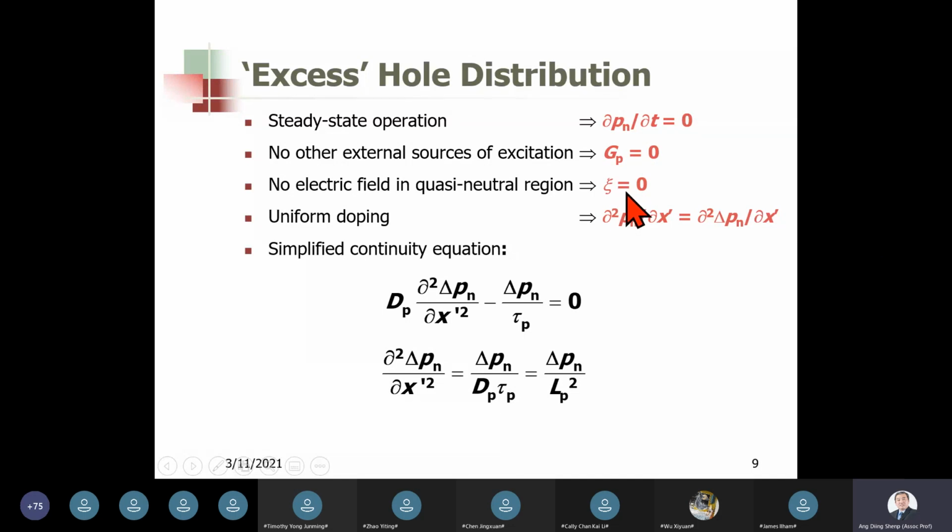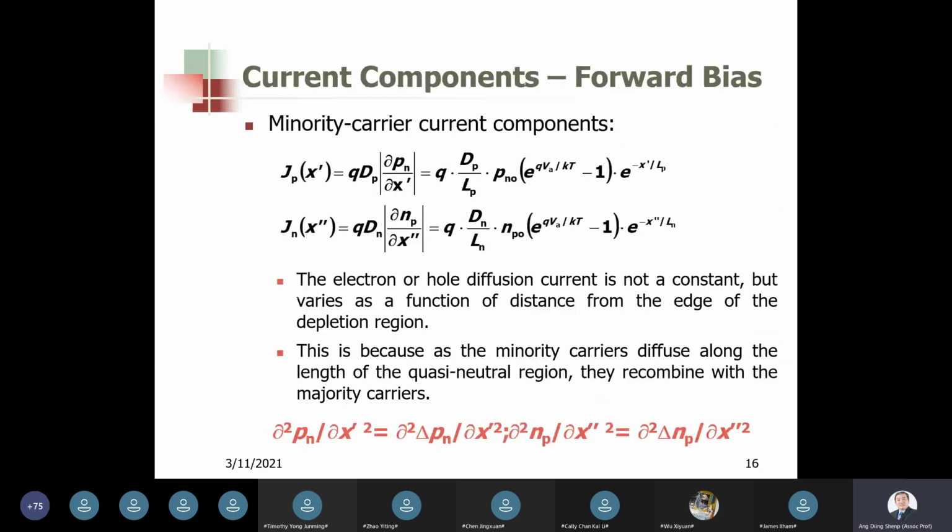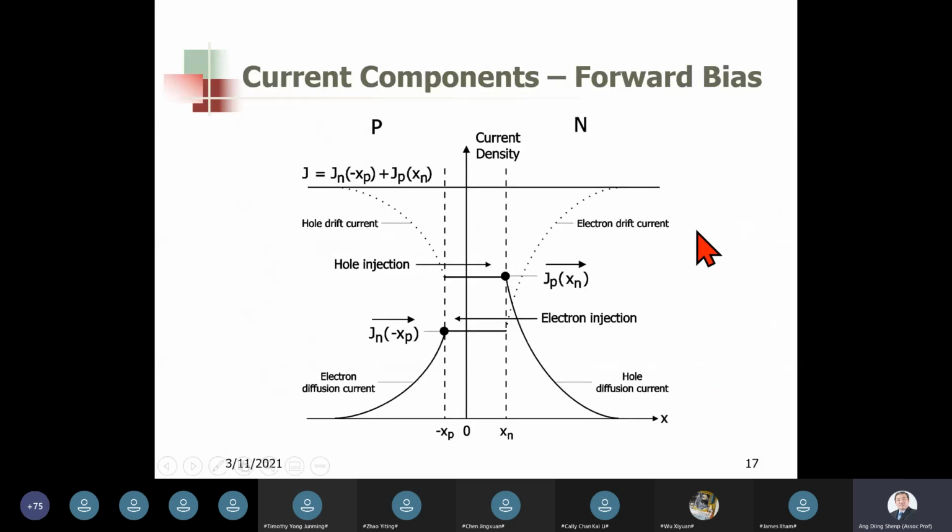We set it to 0, but that doesn't mean it is actually 0. There is a very weak electric field within the quasi-neutral region. And this weak electric field is the driving force behind the majority carrier drift current. Electron drift current is a majority carrier drift current in the N region. Hole drift current is a majority carrier drift current in the P region.